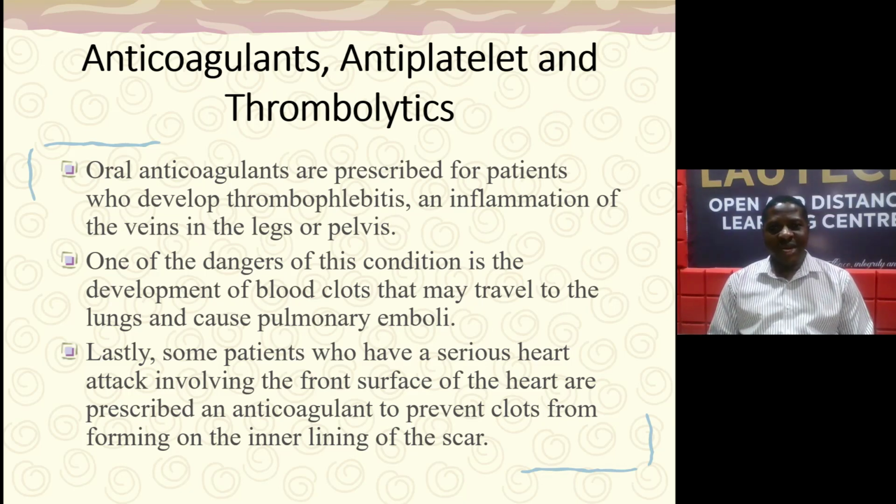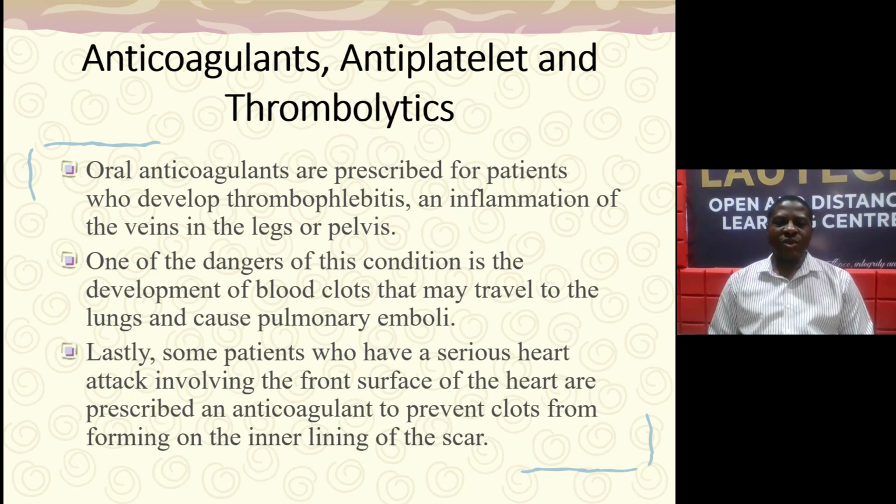So anybody that has thrombophlebitis, that is inflammation of the veins in the legs or the pelvis, has the tendency of developing a blood clot, and this may eventually travel to the lungs. And when that happens, there will be pulmonary emboli, that is, blockage of the blood vessels in the pulmonary bed.